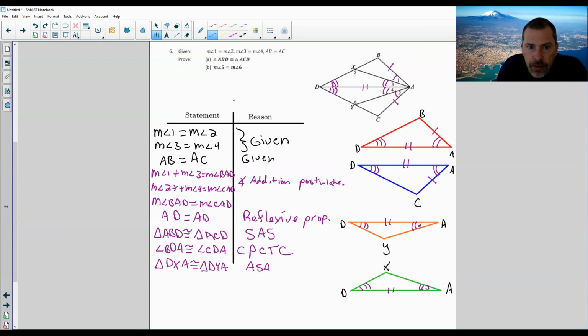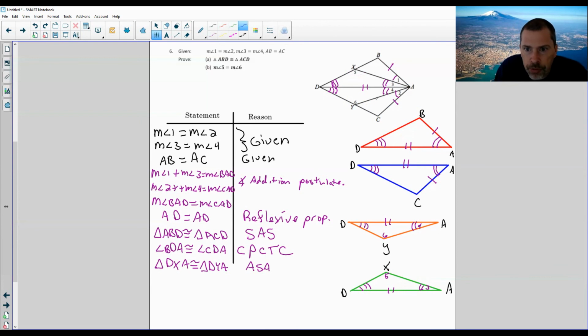Finally, I can prove the measure of angle 5 is congruent to the measure of angle 6. Y is 6, and X was my 5 from the original diagram up here. I'll change to blue because I don't have room to write 5 arcs.